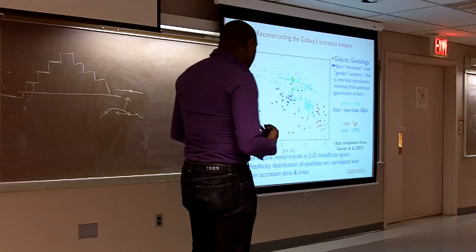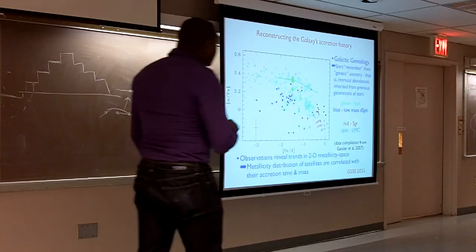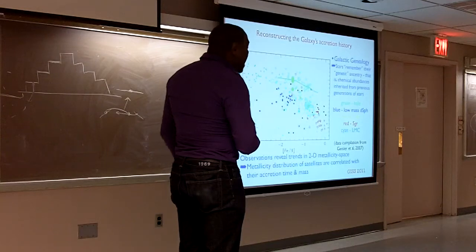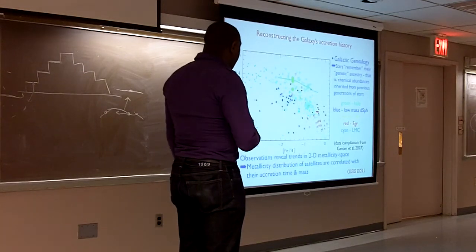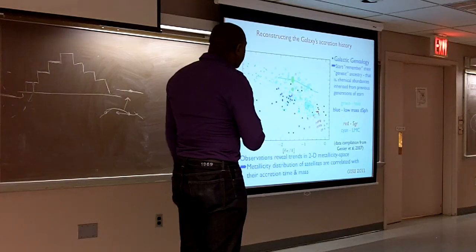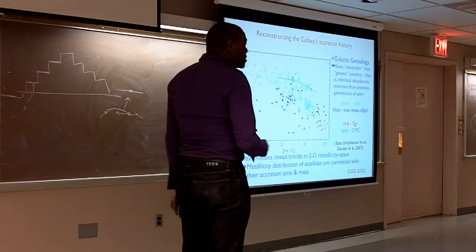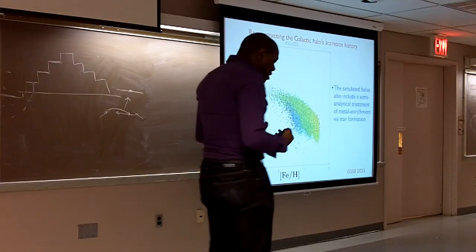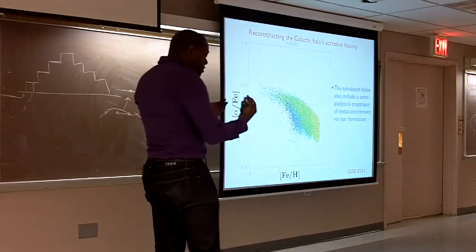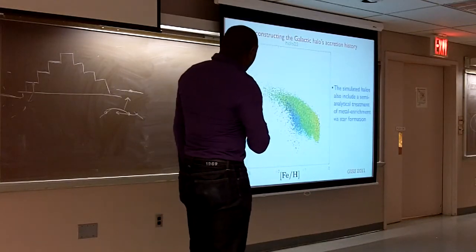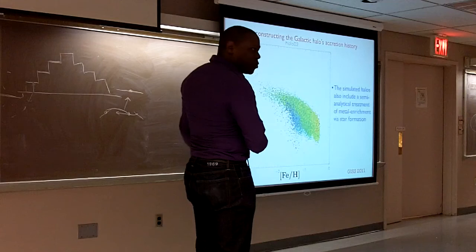And so you can also start to look at this in terms of, for instance, the mass of the progenitor, or the mass of the galaxy that they belong to, actually affecting the types of stars that they create.